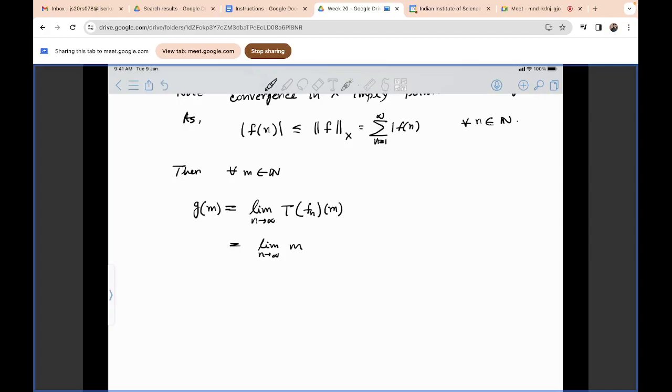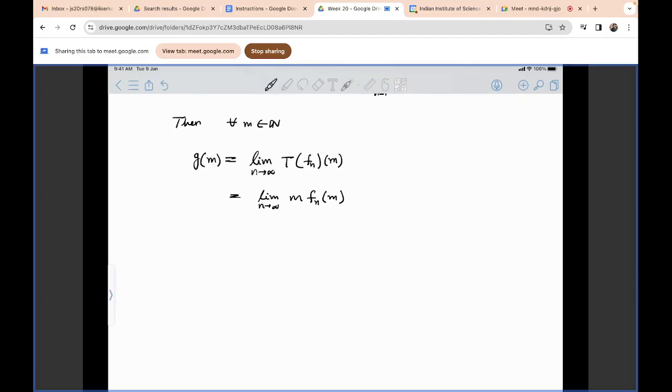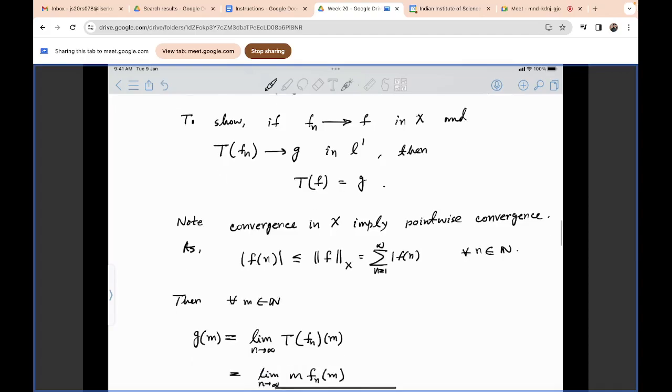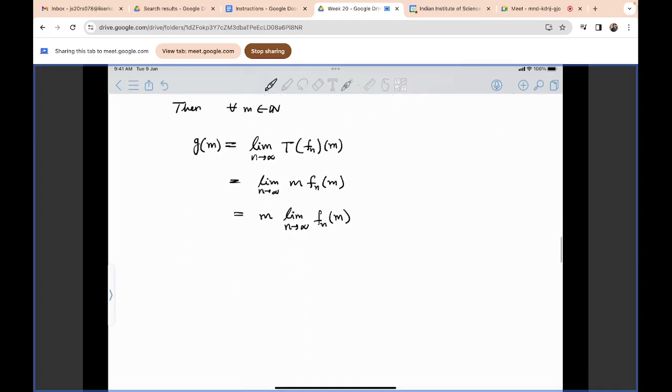Now what is this limit as n tends to infinity? By the definition of T, this is m fn of m. Because this limit is independent of m, we can take m out: m times the limit as n tends to infinity of fn of m. And again we have shown that fn converges to f in X, and this implies pointwise convergence. So this will converge to f of m.